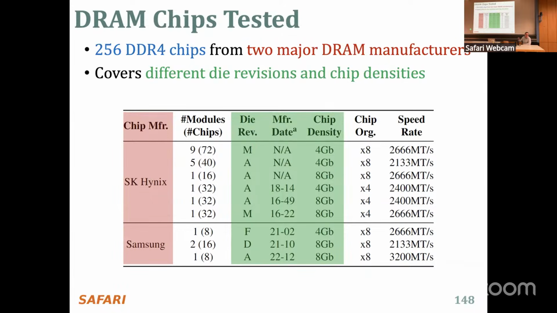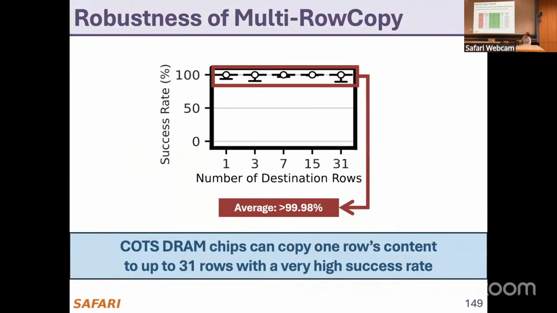That would be nice, actually. That way we can experiment with the chips nicer, but not all manufacturers allow everything to be done to their chips. I wish they allowed more so that we can discover more things in their chips. But if you actually look at multi-row copy, this is actually all manufacturers.